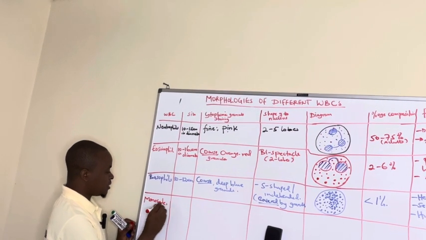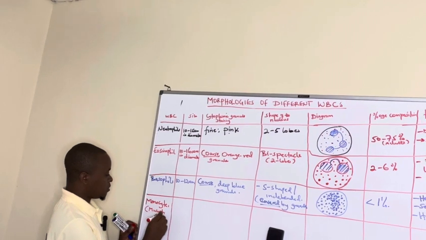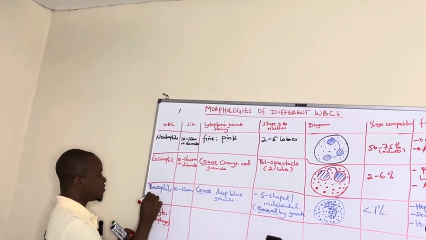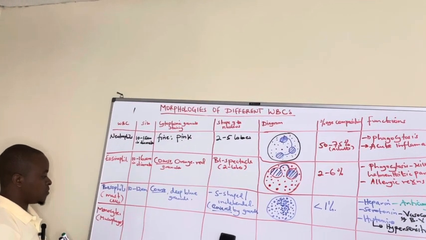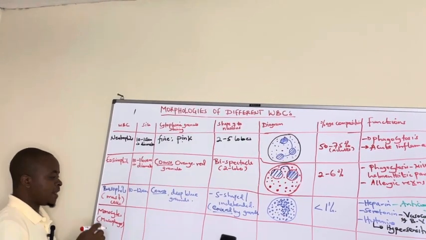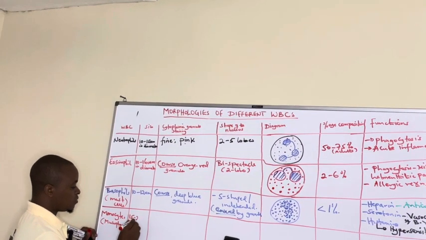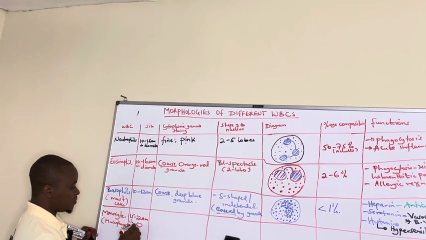And these monocytes in tissues, we call them macrophages. Just as the basophils in tissue are called mast cells. These monocytes are the largest, measuring 15 to 22 micrometers in diameter.